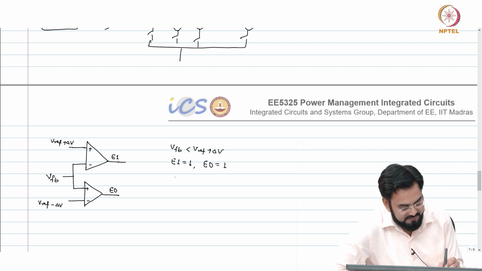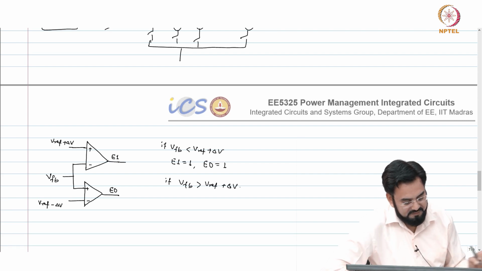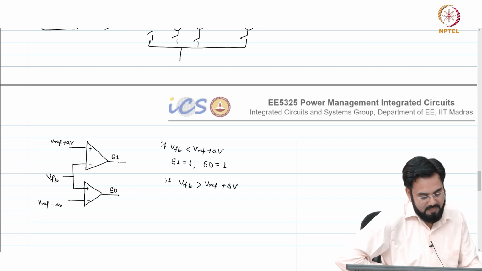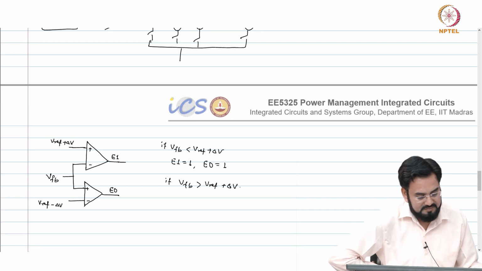Okay, and if VFB is greater than Vref plus delta V, then what will happen? This will go to 0.